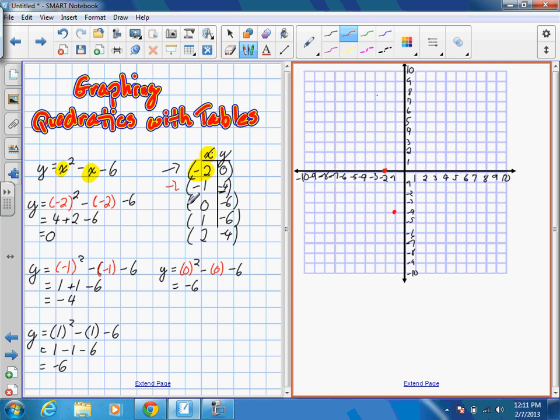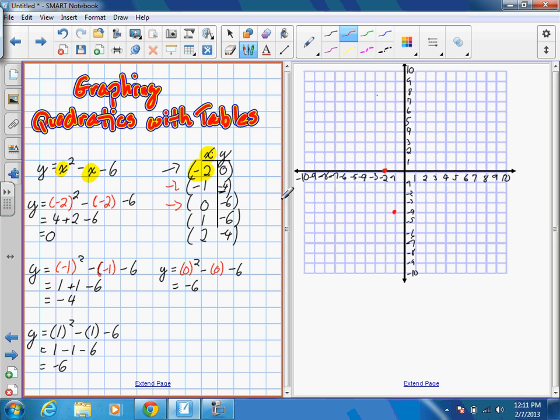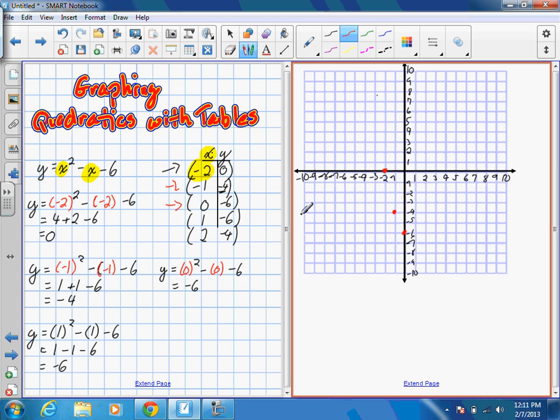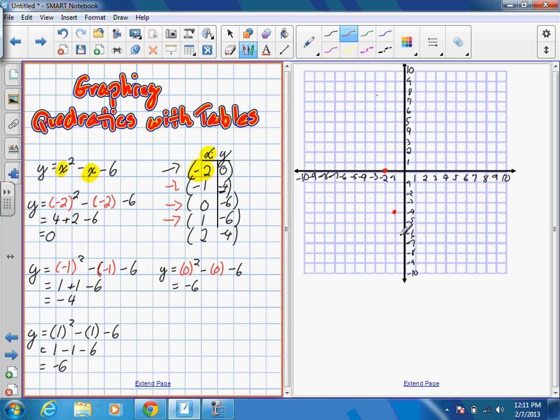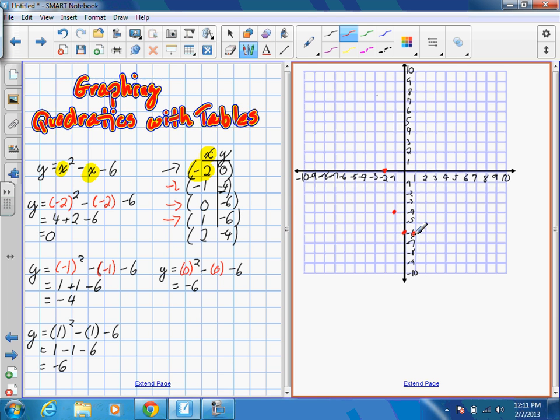0 and -6, so that's when x is 0, y is -6. 1 is at -6 again. The next one's going to go up to -4, and then we can kind of guess from there that the next one is going to go up to 0 again. So we can't have a vertex that's on the same spot.